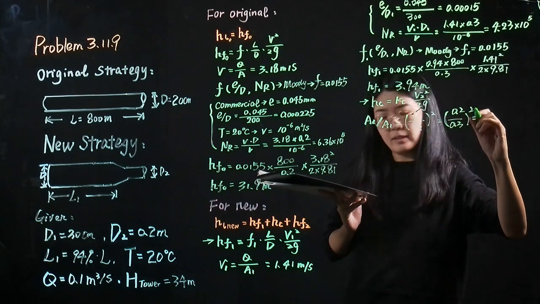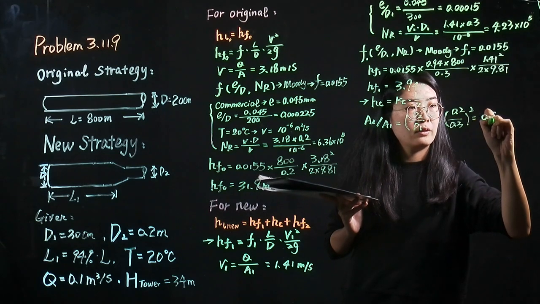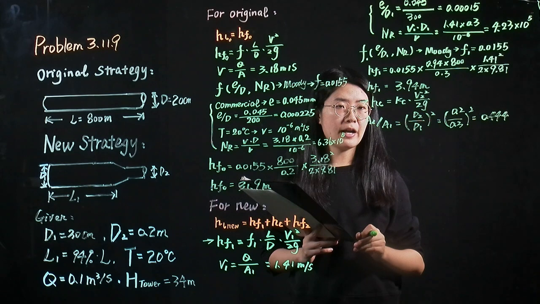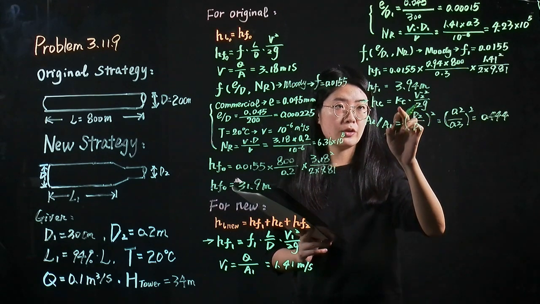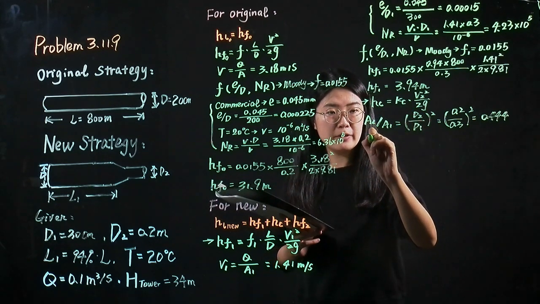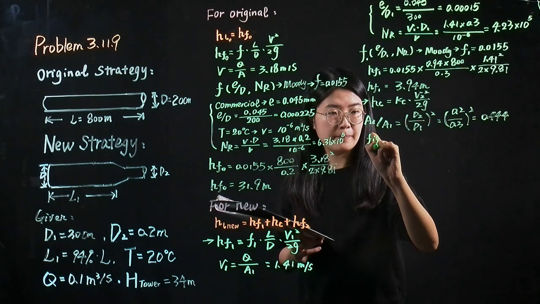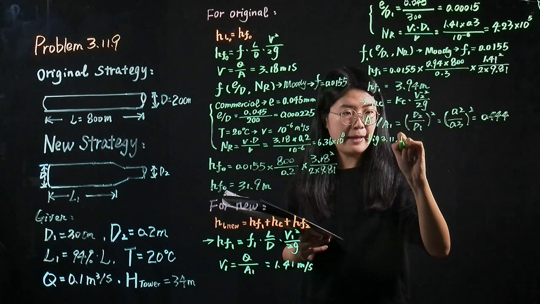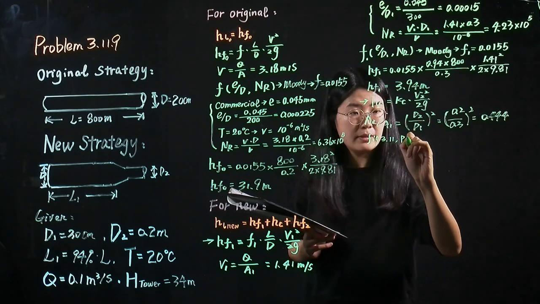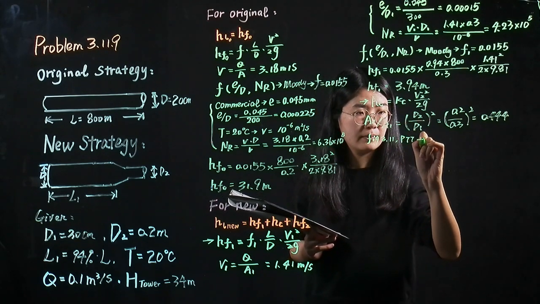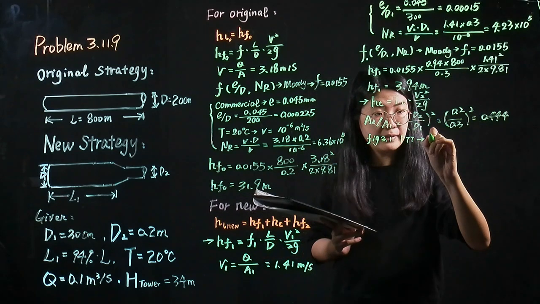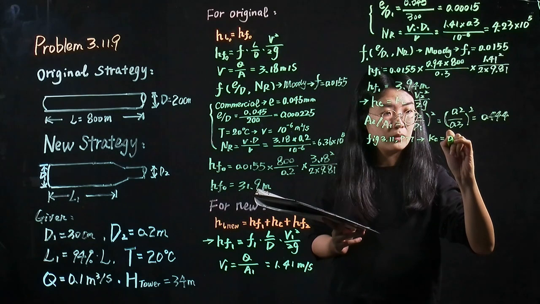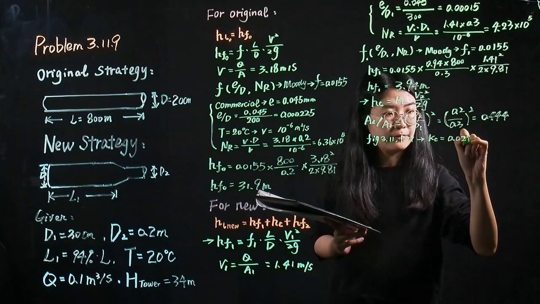So the ratio is 0.444. After we get the area ratio, we can look up the coefficient in figure 3.11 on page 77. And we can get K sub C equal to 0.025.